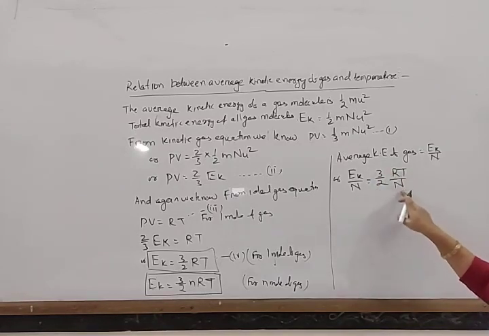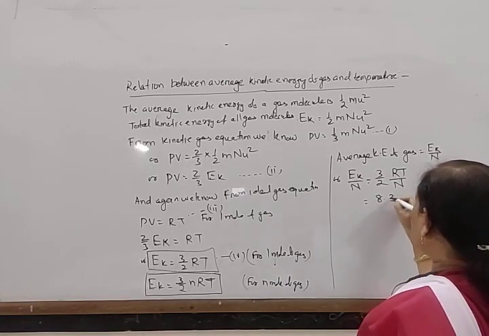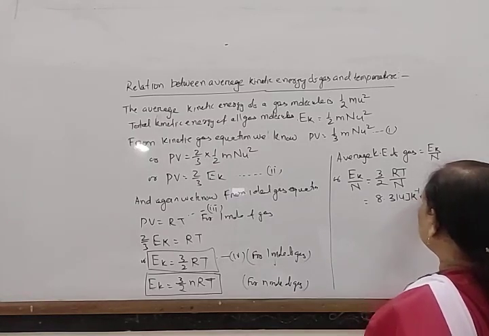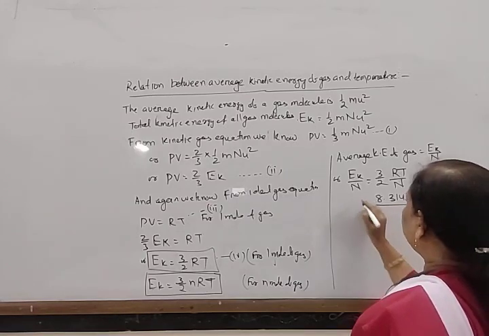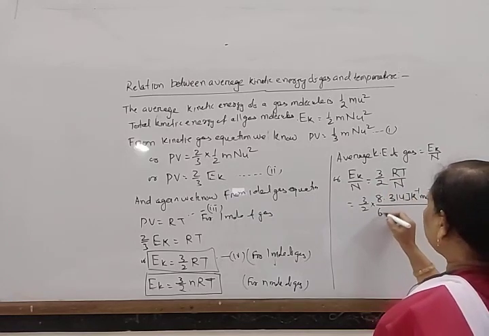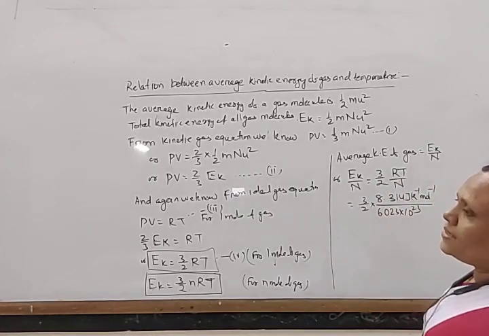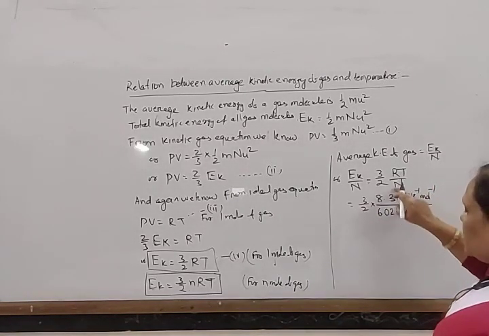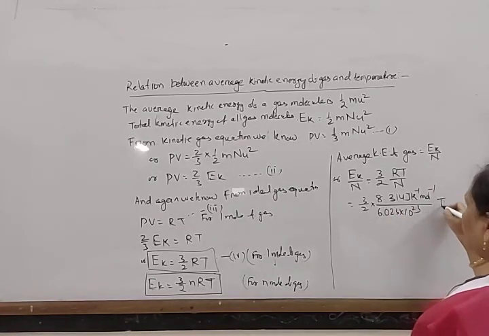So substitute the value: 8.314 joule Kelvin inverse mole inverse, divided by 6.023 into 10 to the power 23 per mole, into temperature, with 3 by 2 there.